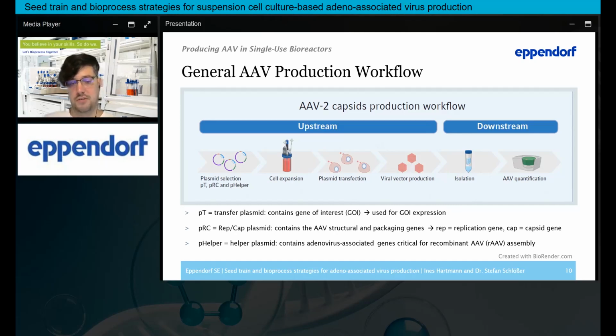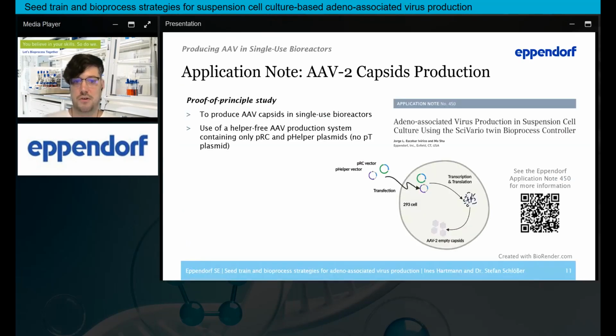However, introducing another virus into your AAV production can be a safety risk, and therefore you use here also a plasmid that only contains the helper virus associated genes necessary for producing recombinant AAVs. And this is basically what you need to put in your cells and produce viral vectors. And our application specialists took this approach in a proof of principle study to produce AAV capsids in single-use bioreactors.